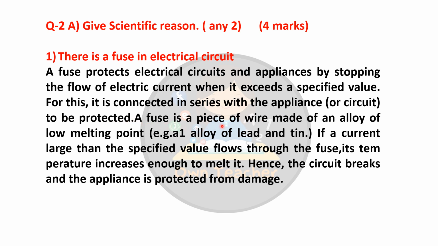A fuse is a piece of wire made of an alloy of low melting point. If a current larger than the specified value flows through the fuse, its temperature increases enough to melt it. Hence, the circuit breaks and the appliance is protected from damage.